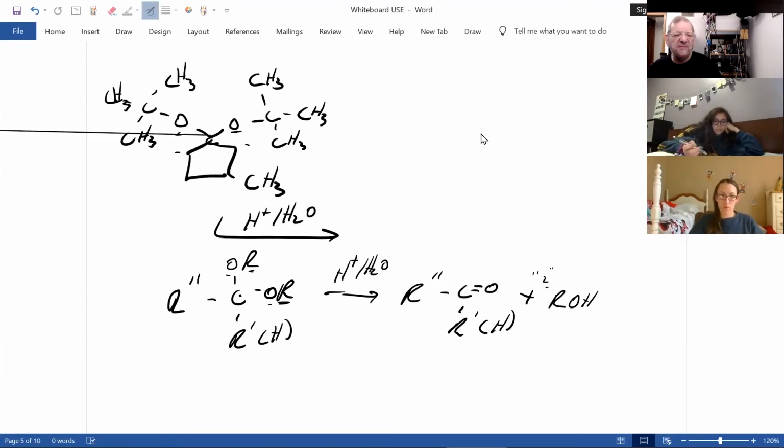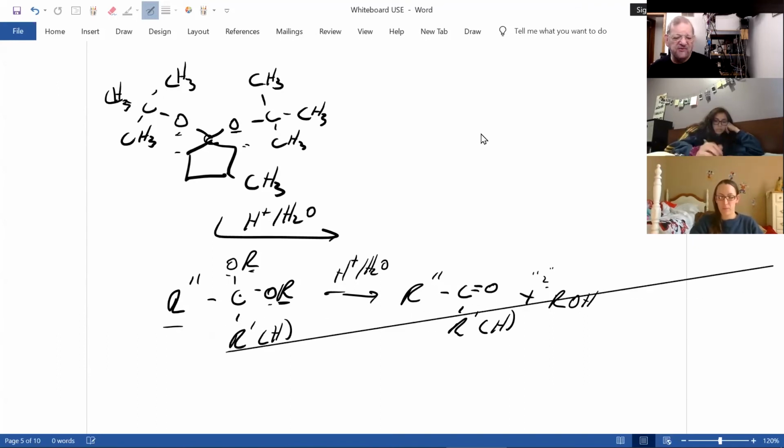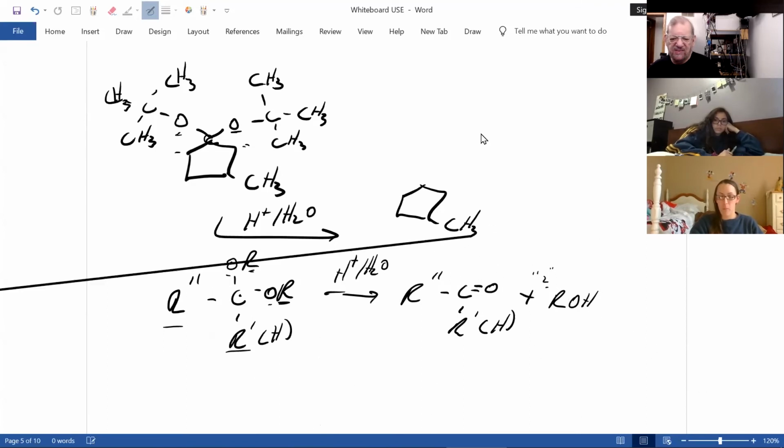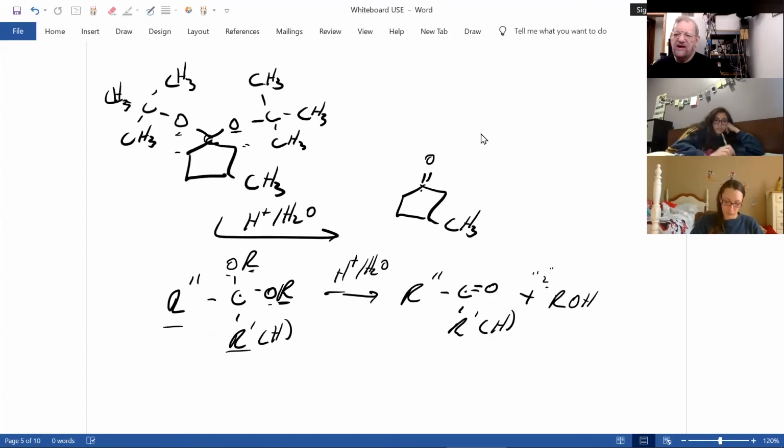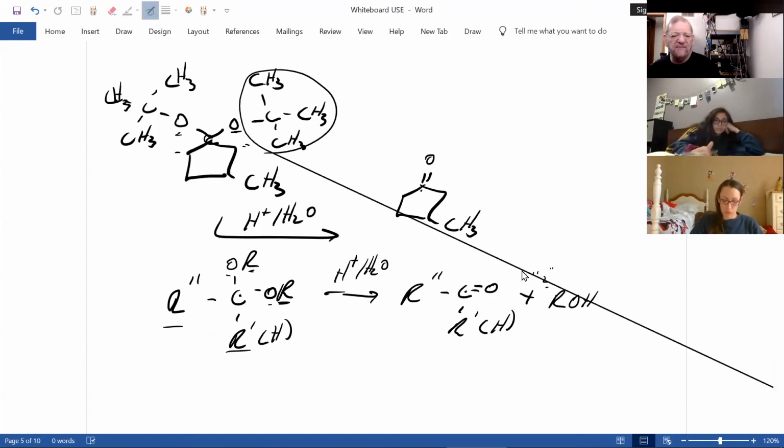And look at this carbon right here. What's attached to it are these right here. In this case, it's the ring. It's still attached to it. And the methyl group is still there. And now this carbon becomes this carbon. And so you have this ketone. Then, if we look over here, what's our R group? T-butyl group.